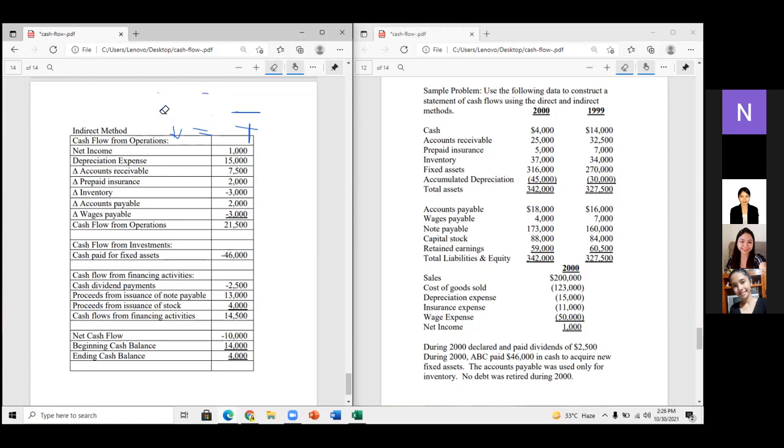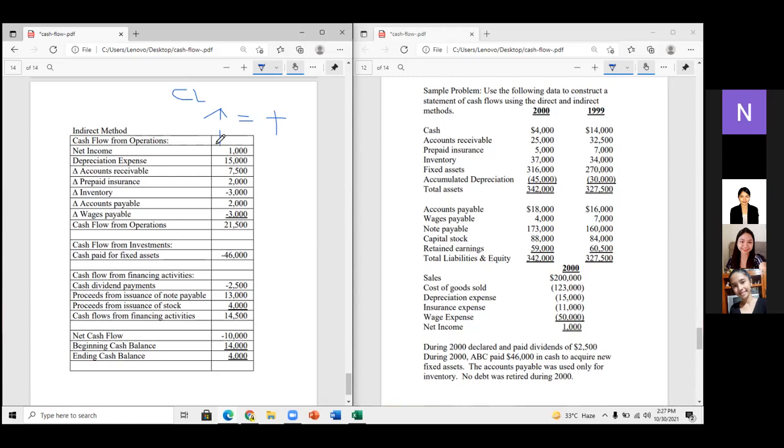So, pagdating naman sa current liab, direct relationship siya. Bakit direct relationship? Kasi kapag nagkaroon ng increase, i-add natin siya.